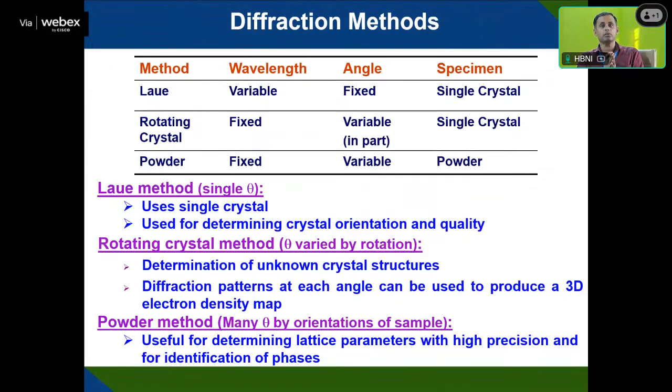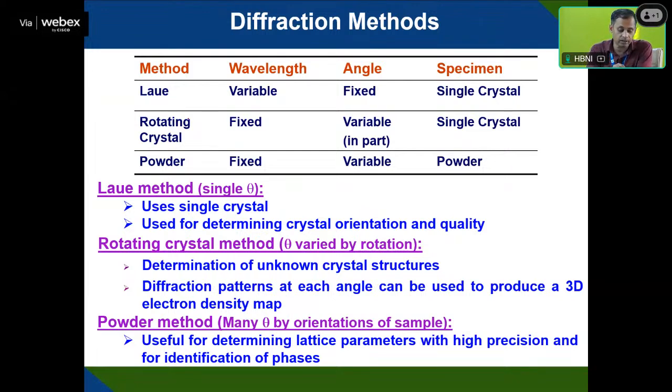So the diffraction pattern, what we discussed so far, can be taken by 3 different methods. The main ones are the Laue method, the rotating crystal method, and the powder X-ray diffraction method. In the Laue method, the wavelength is variable but the angle is fixed, so it is mainly used for a single crystal.